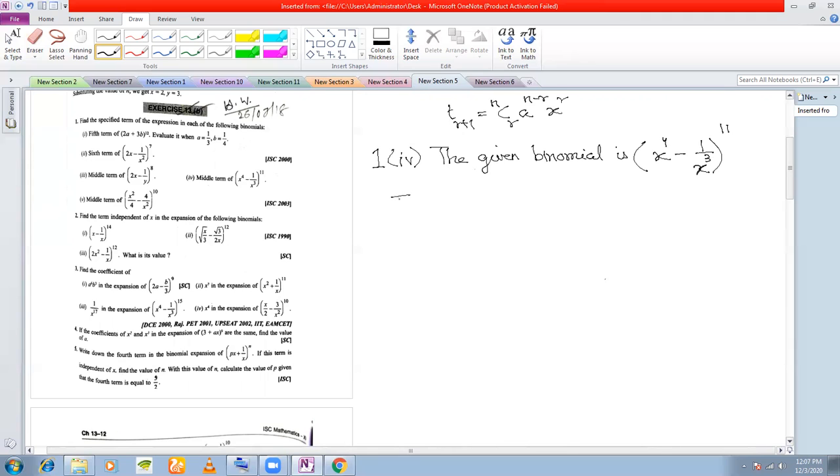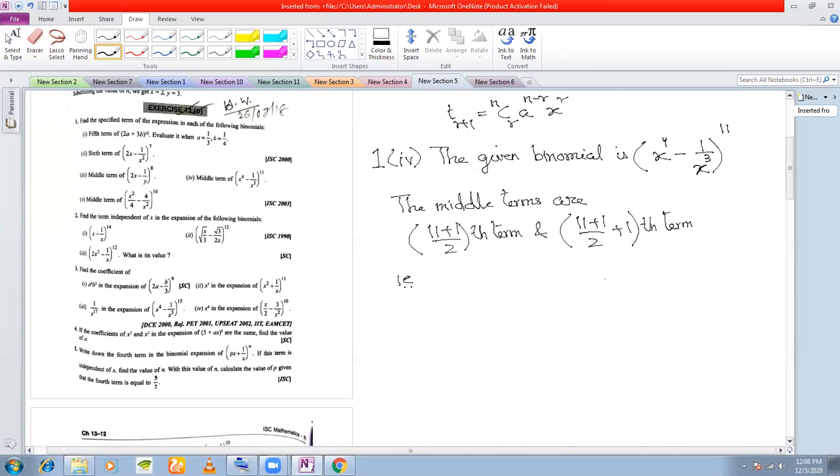The middle terms here are the (11 plus 1) by 2th term and the (11 plus 1) by 2 plus 1th term. Right, these two are the middle terms.